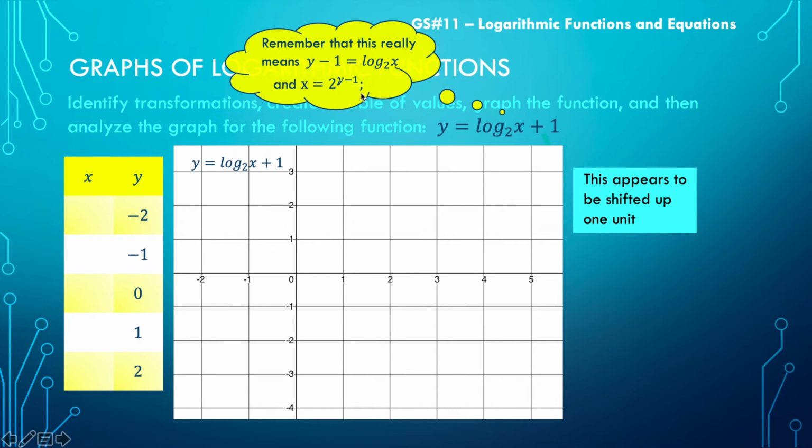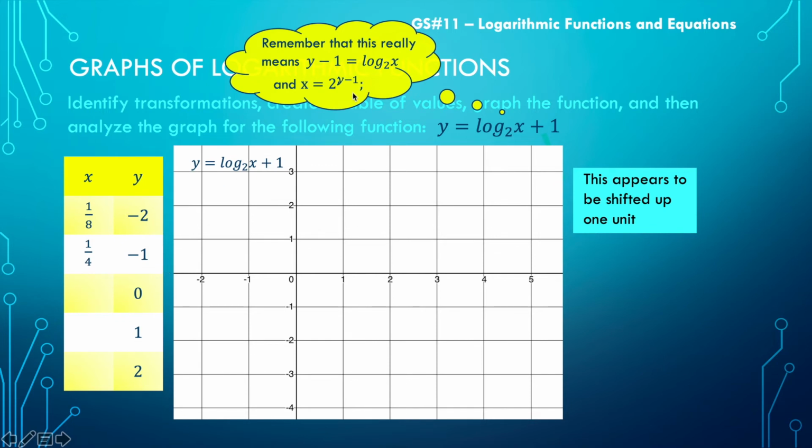All right, so here is what we're going to use to fill in our table. We're going to go ahead and use those y values, -2 to +2, and sub them in. So when I sub in -2 here, I've got 2 to the -2 minus 1, or 2 to the -3, and that will be 1/8. And then if I sub the -1 in, 2 to the -1 minus 1, or 2 to the -2, which is 1/4.